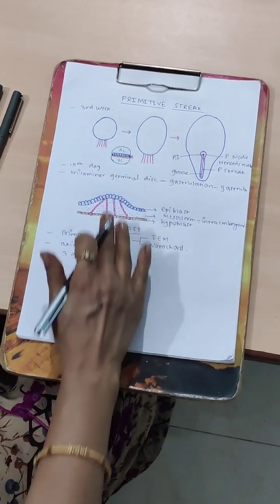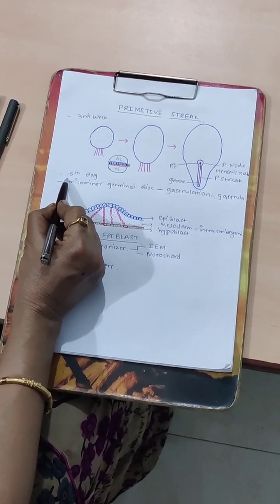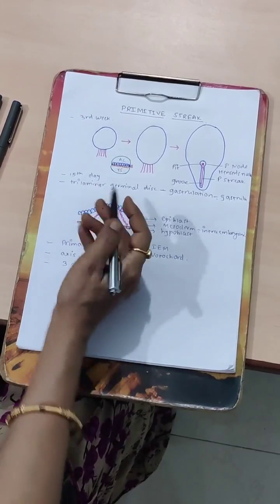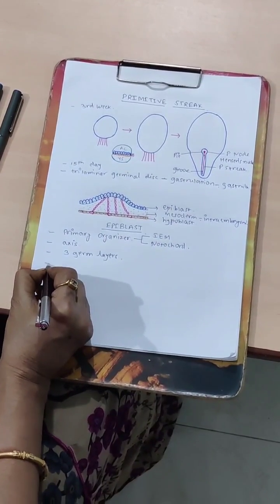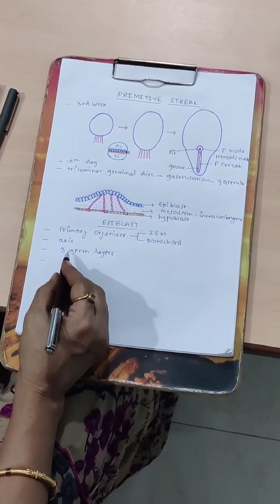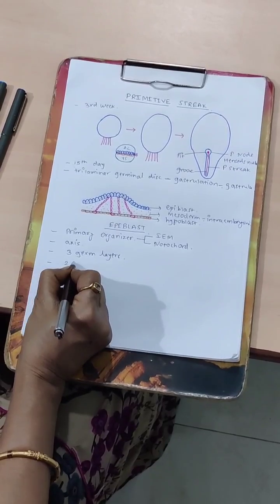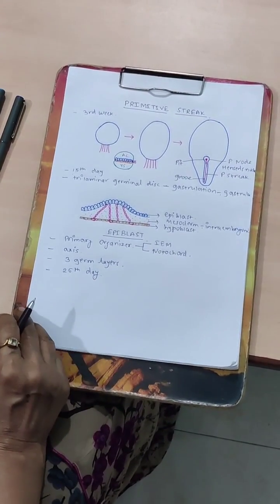Now when it regresses, as we have seen, it is formed on the 15th day of embryonic life, and after its function is over, it will regress at the end of the 4th week, or to be more precise, on the 26th day of embryonic life.